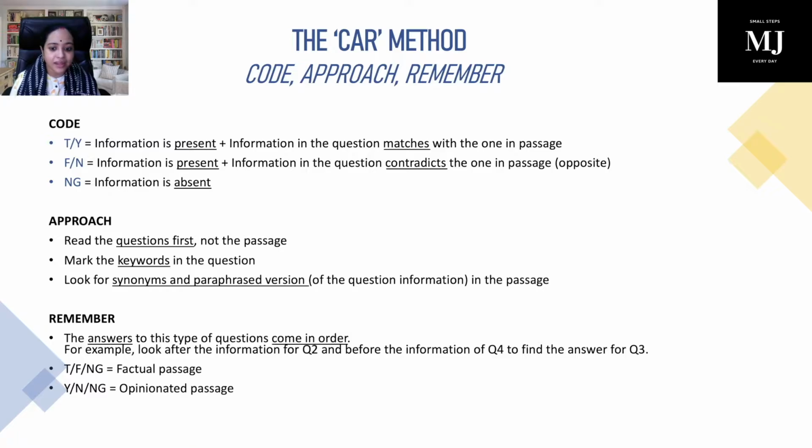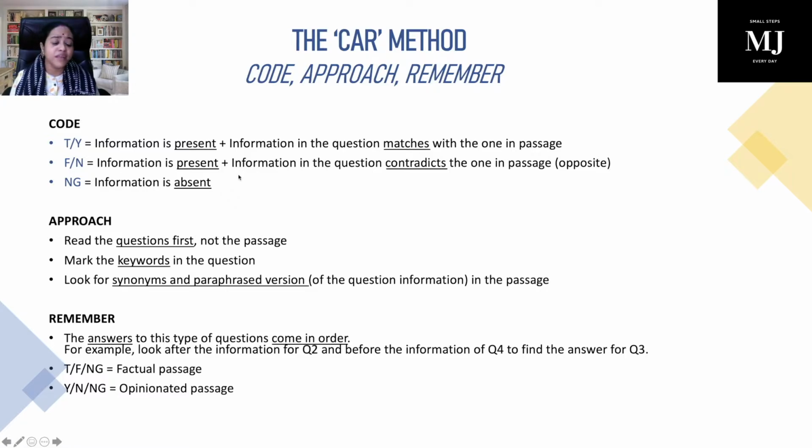That means they contradict each other. The information in the question and the one in the passage is opposite in nature. Is or is not, that is what I mean by contradicting and opposite.